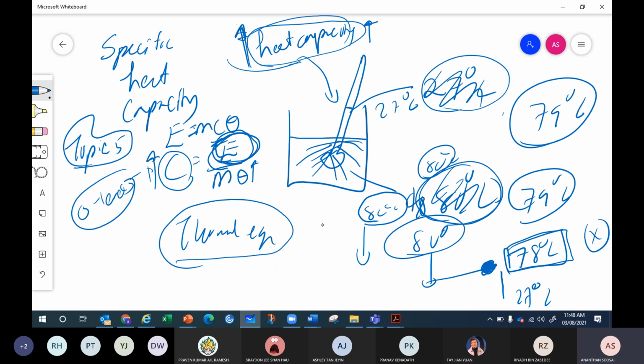So this is not good because it's not accurate. It's not actually measuring the temperature. It's altering the temperature of the body a lot. So for the type of thermometer we are going to use, do we prefer a very low heat capacity or a very high heat capacity?